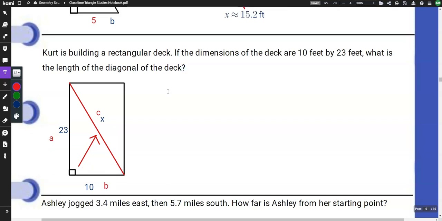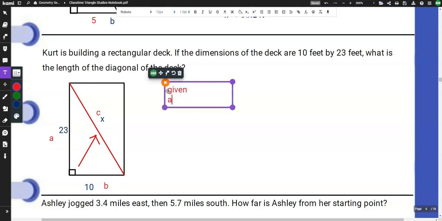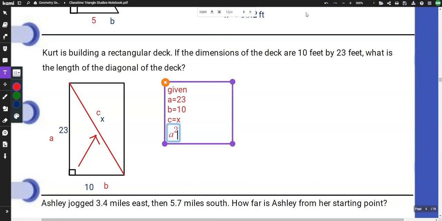Make a list of givens. A is going to be 23, B is going to be 10, and C is our unknown value. Formula: A squared plus B squared is going to be equal to C squared.